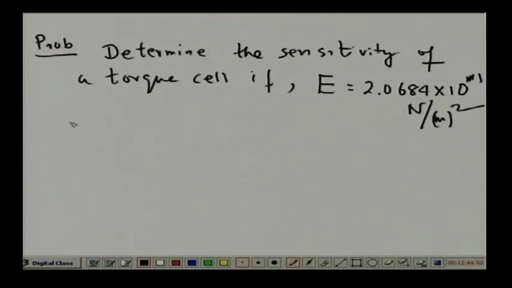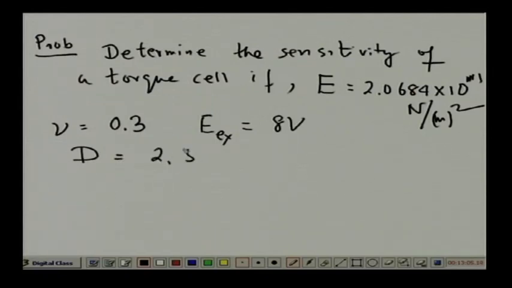Then Poisson's ratio mu of the link material is 0.3. Excitation voltage, that means Eex, is equal to 8 volt. Diameter of the shaft D is equal to 2.54 centimeter.